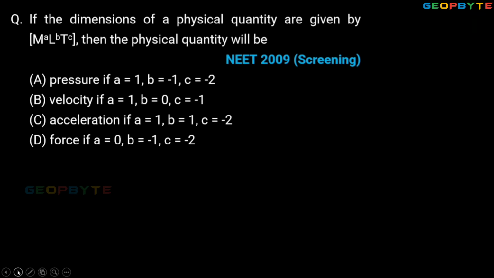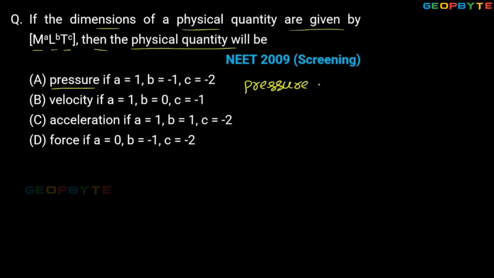Similarly, let us take another important problem. Look at this problem. It is asking like this: if the dimensions of a physical quantity are given by M power a, L power b, T power c, then what is that physical quantity? Okay. For that, option A is given as pressure. As you know, pressure equals force per unit area.